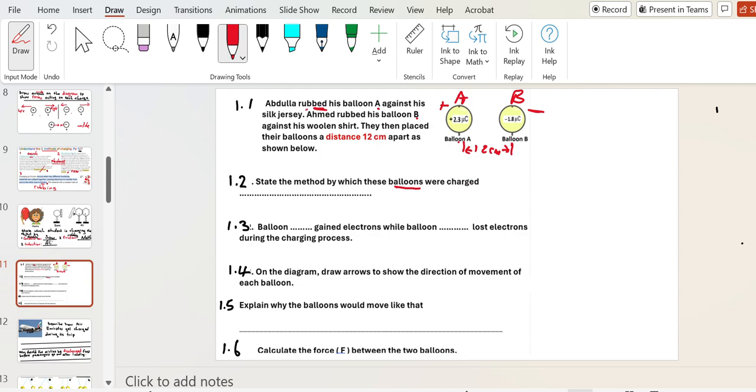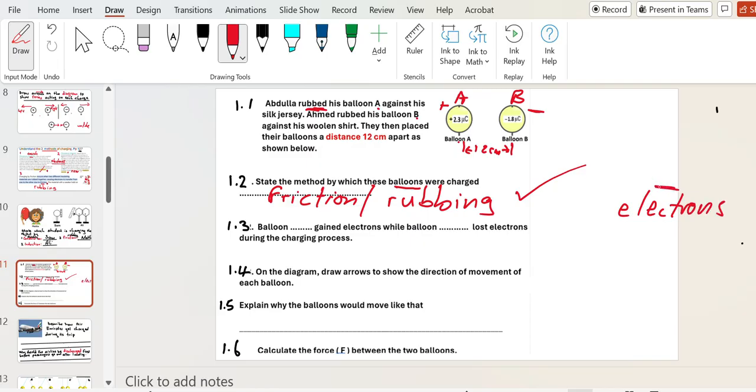Look, they were rubbing. So the correct answer can be rubbing or friction. You can write friction. Another one can write rubbing. These are all correct, and they mean the same thing. Which balloon gained electrons? Look, electrons are negative. You must understand this.